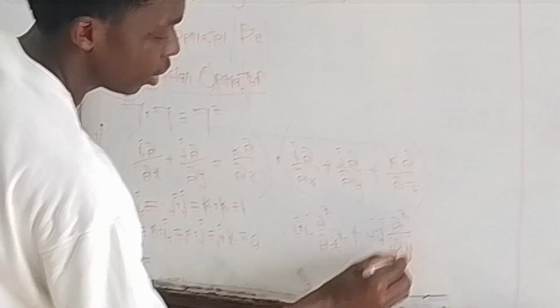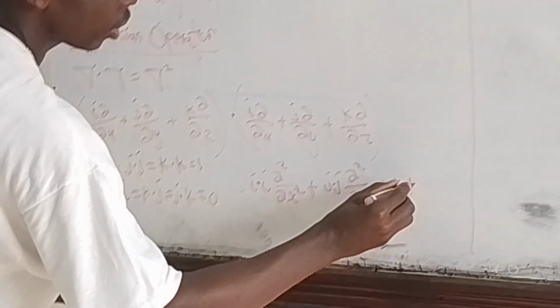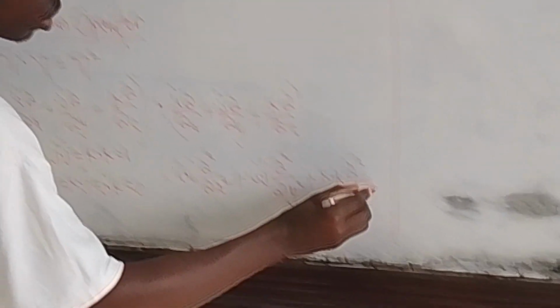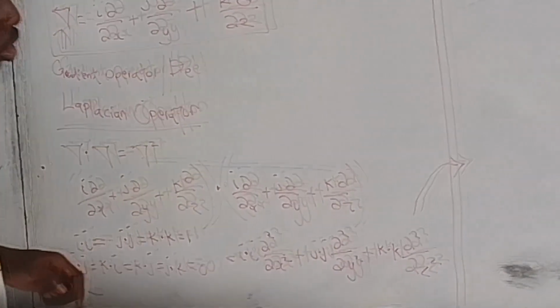I dot i is 1, meaning we are going to get d squared over dx squared plus d squared over dy squared plus d squared over dz squared. So this is our function for the Laplacian operator.